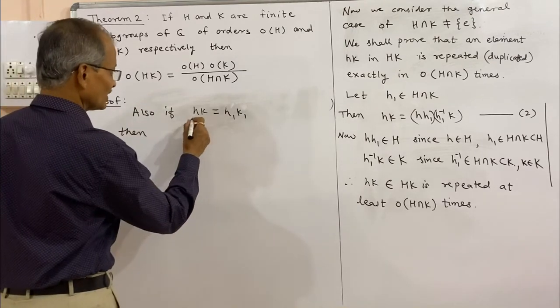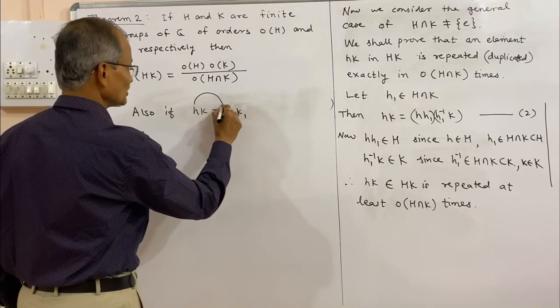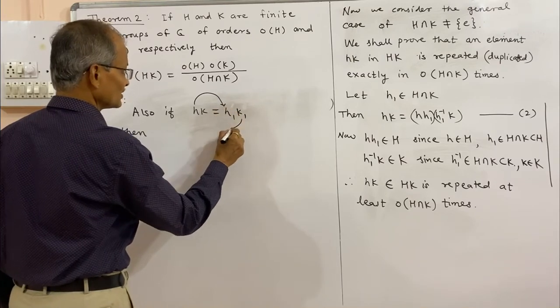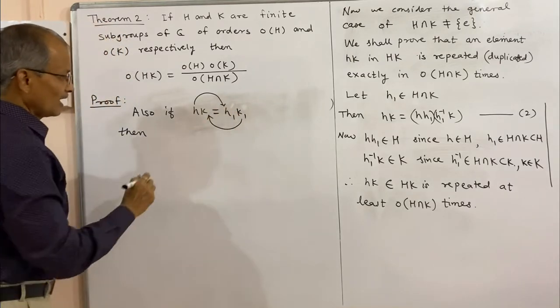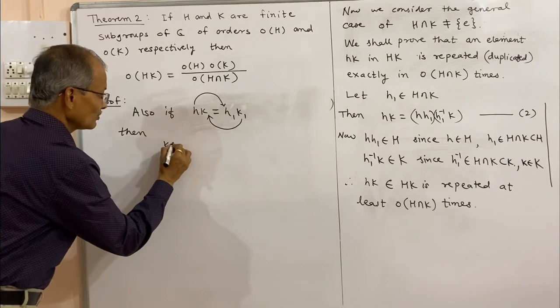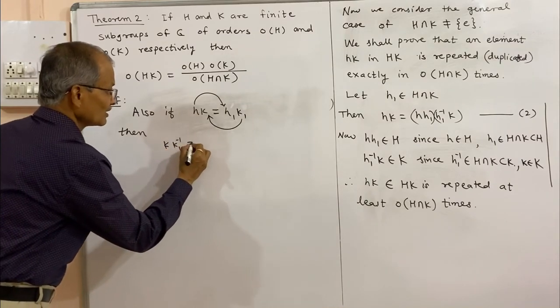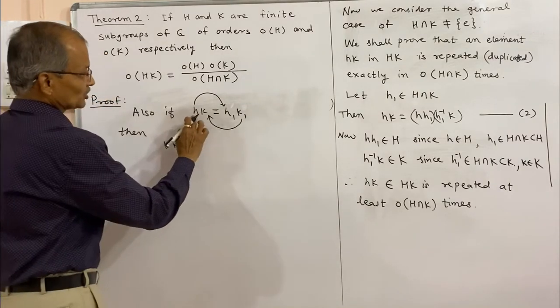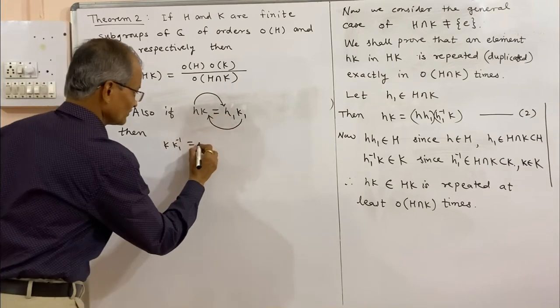That means we transfer this H on this side and we transfer this K on this side, and then K into K1 inverse is equal to H inverse into H1.